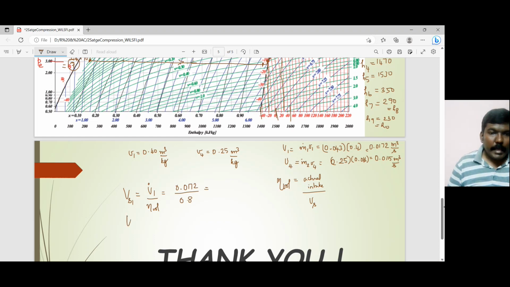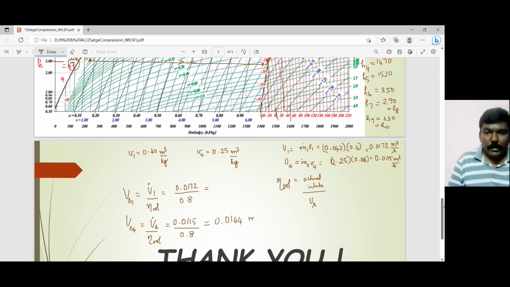Similarly, VS4 would be V4 dot divided by volumetric efficiency. V4 dot is 0.0115 divided by 0.8. So let's see what we get out of this. 0.0115 divided by 0.8 is 0.0144 meter cube per second.